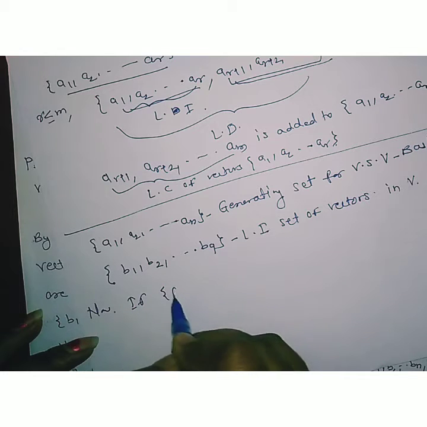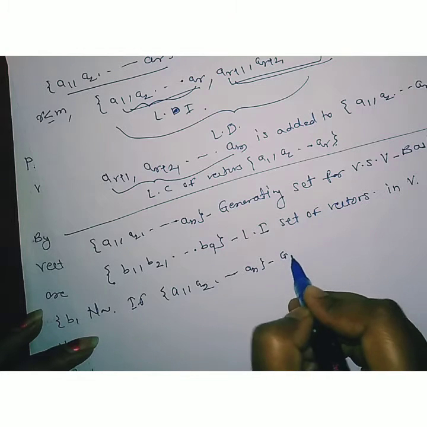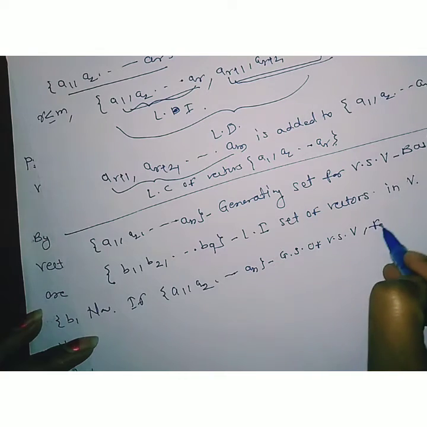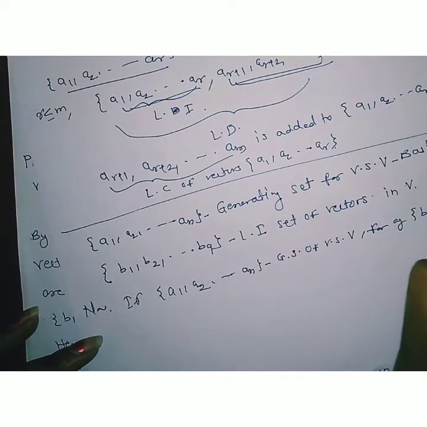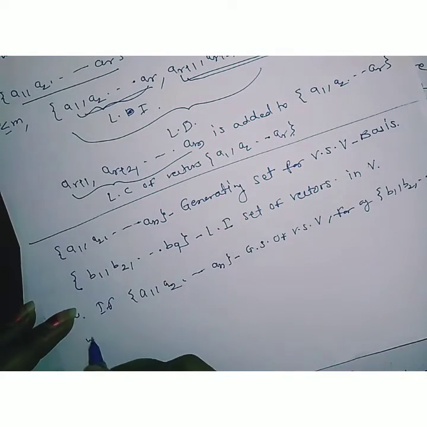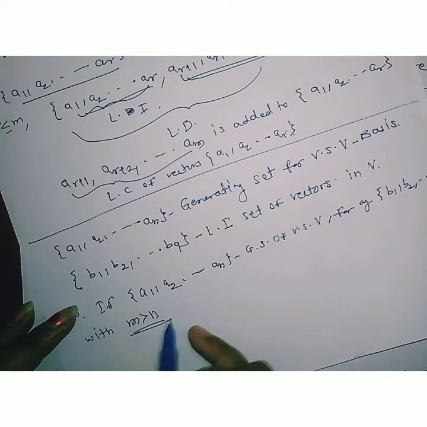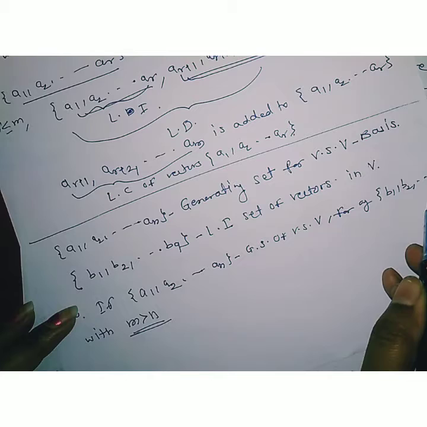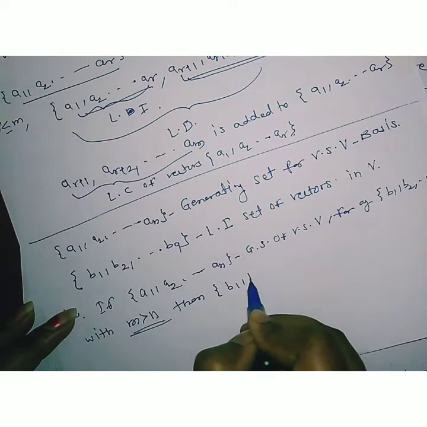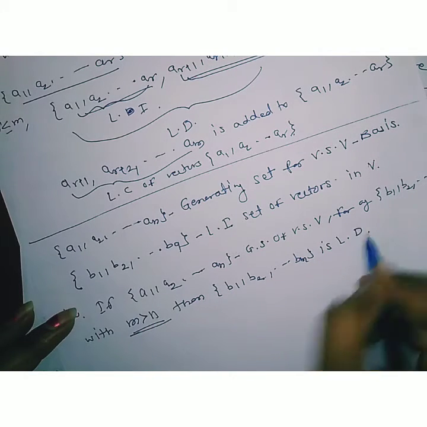If a1, a2, up to an is a generating set of the vector space V, then for any set b1, b2, up to bm with m greater than n, this is a very important condition, the set of vectors b1, b2, up to bm is a linearly dependent set.